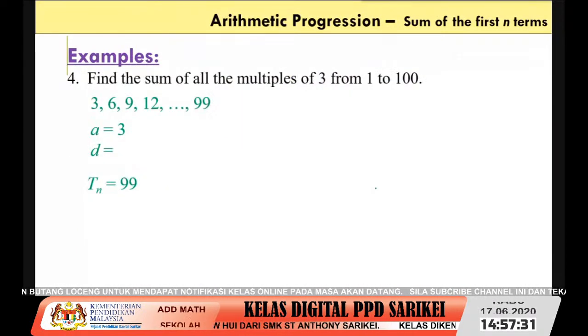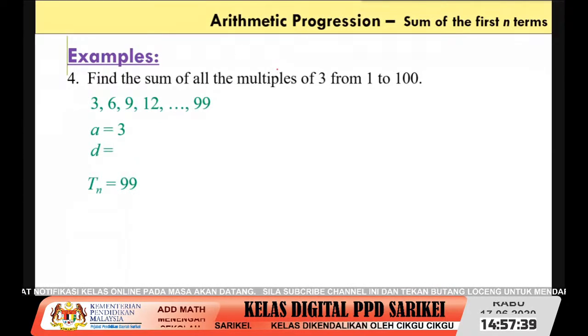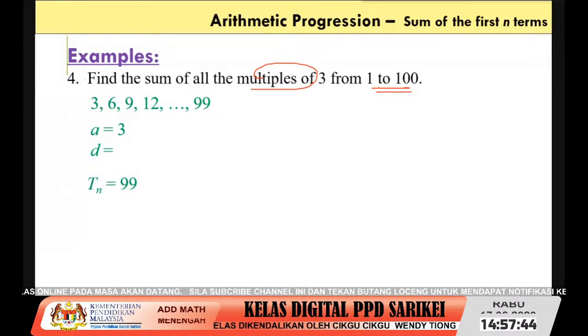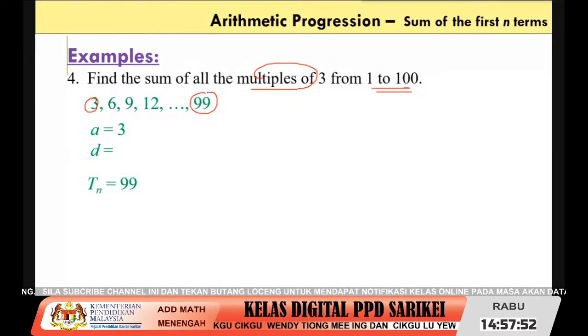Okay, next, number 4. Find the sum of all the multiples of 3 from 1 to 100. Dari 1 hingga 100, multiple of 3. So we will start from 3, 6, 9, 12, until the last term is 99. So the first term is 3.